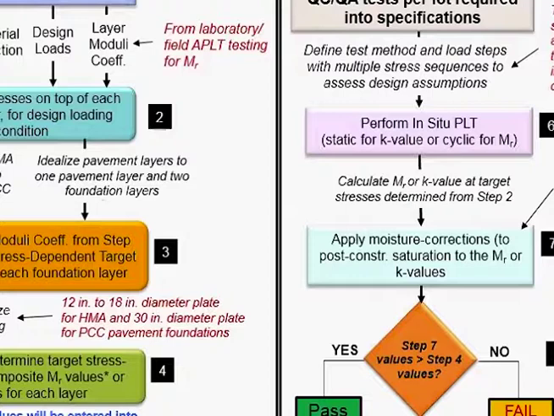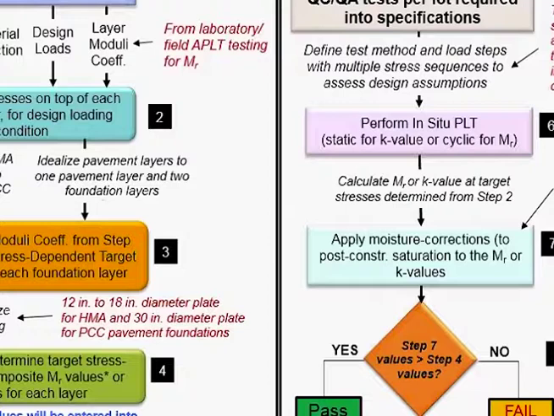So there are multiple steps on the design phase. You have to select inputs: layer thickness, material, design loads, layer modulus coefficients. You've got to calculate stress on each of those layers. And then you've got to translate that into some target value that can be measured in the field.